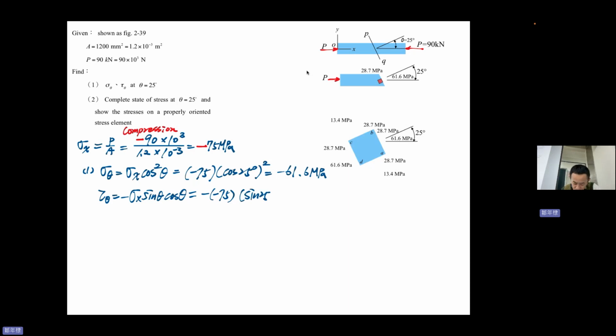Sine 25 degree, cosine 25 degree, and it equals 28.7 MPa. So sigma theta equal to minus 61.6, and tau theta equal to 28.7 MPa. So you can see that. Careful.